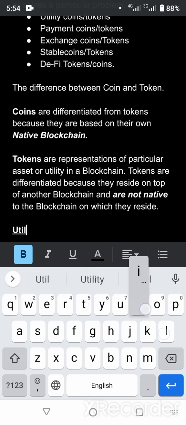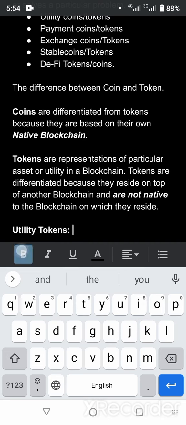Let's start with utility tokens. From the term, utility means anything that has use, or that's the value of something. Anything that has use or value.